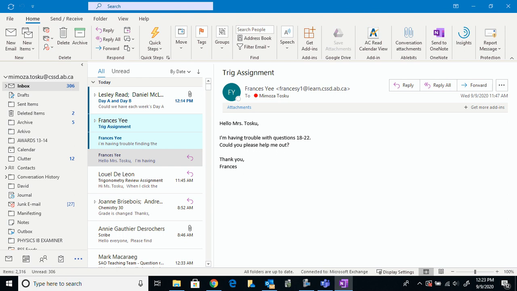The horizontal component of this vector, E horizontal, will be positive 18 kilometers per hour, and the vertical component will be equal to 0.